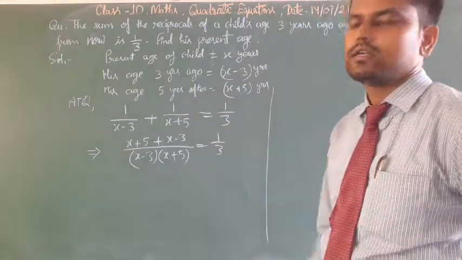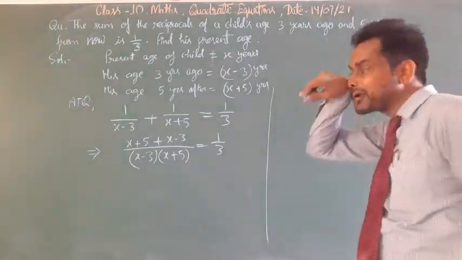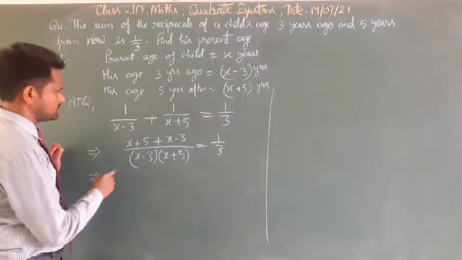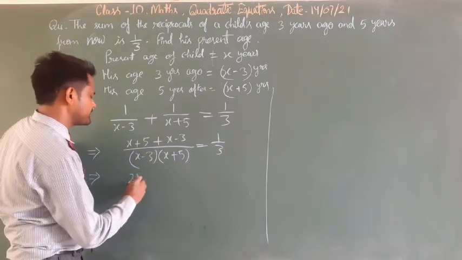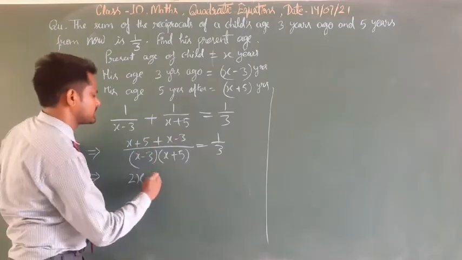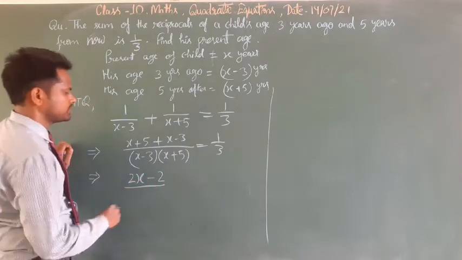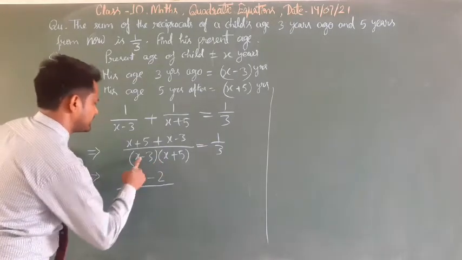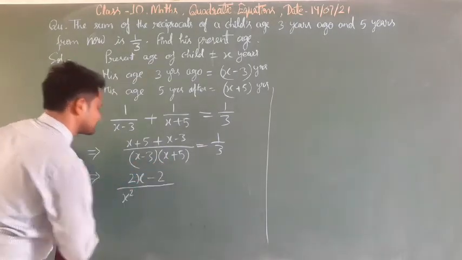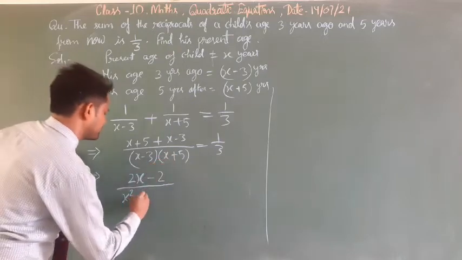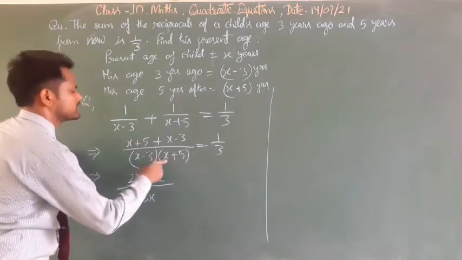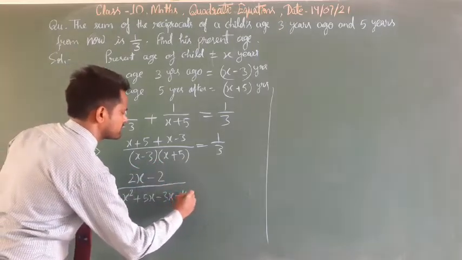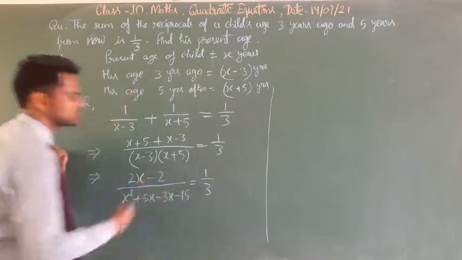Now solve this expression. x and x are like terms, so x plus x will be 2x, and 5 minus 3 will be minus 2, and here multiply this: x into x, x square, x into 5, 5x, minus 3 into x, minus 3x, minus 3 into 5, that is minus 15, is equal to 1 by 3.